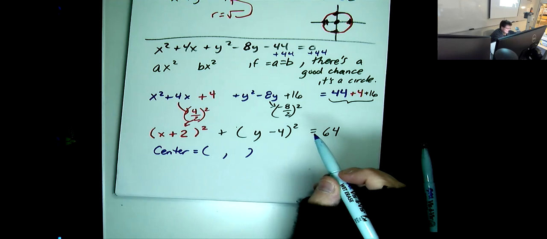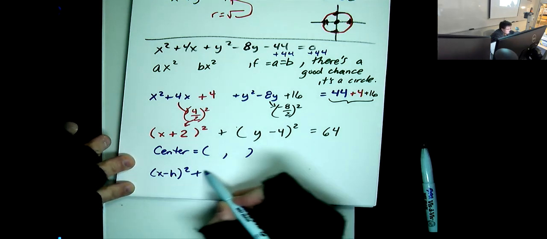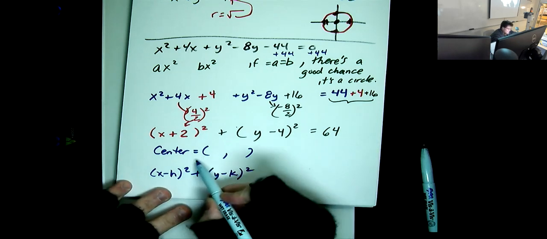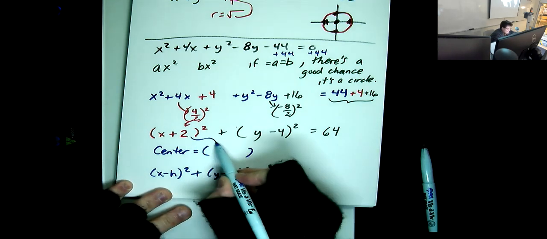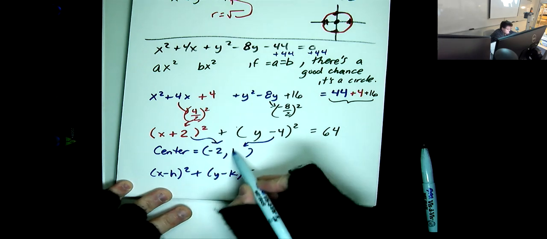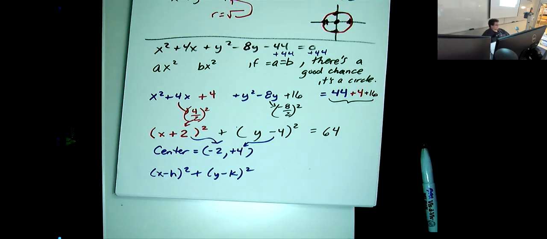Remember, the equation has x minus h squared and y minus k squared. So whatever goes here is the opposite sign of what's there. It is very much a natural intuition to want to do that though.